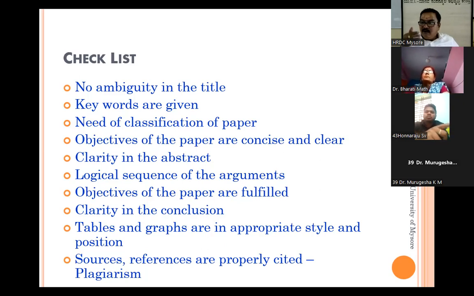And you have given the conclusion. Is there any doubt in that conclusion? There should be clarity in the conclusion. It should be like you are explaining a story, right? Both your abstract and the conclusion should be like a story. Even a layman should understand what your article is explaining.